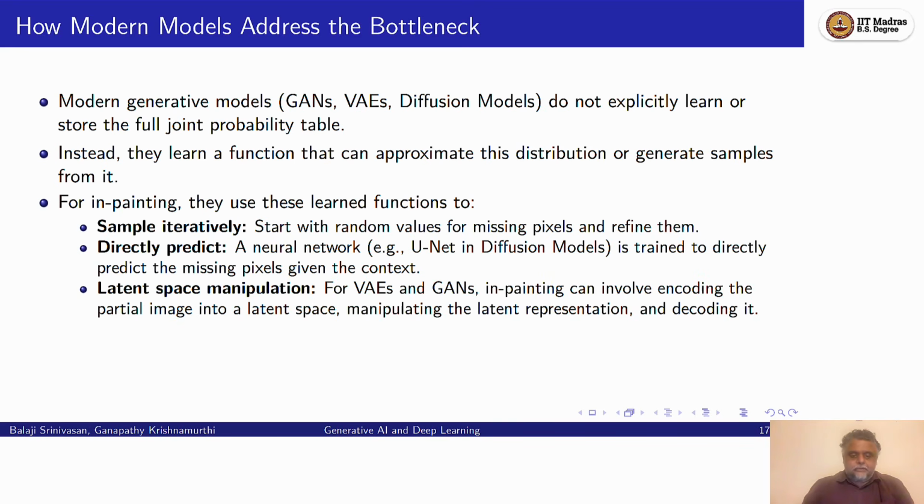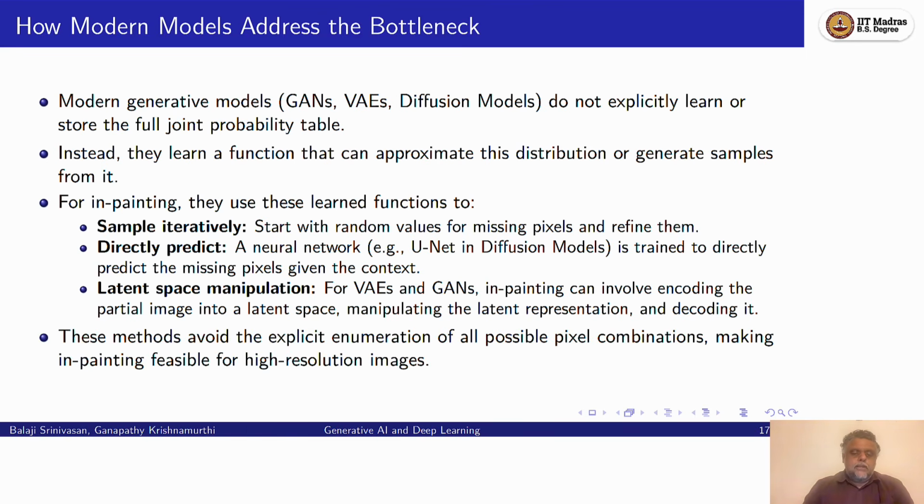Finally, latent space manipulation. So for the models that we're going to start looking at, variational autoencoders and specifically GANs, inpainting can involve you encoding the partial image into a latent space, then manipulating the latent representations, and then decoding the latent representations to generate the full image, right?